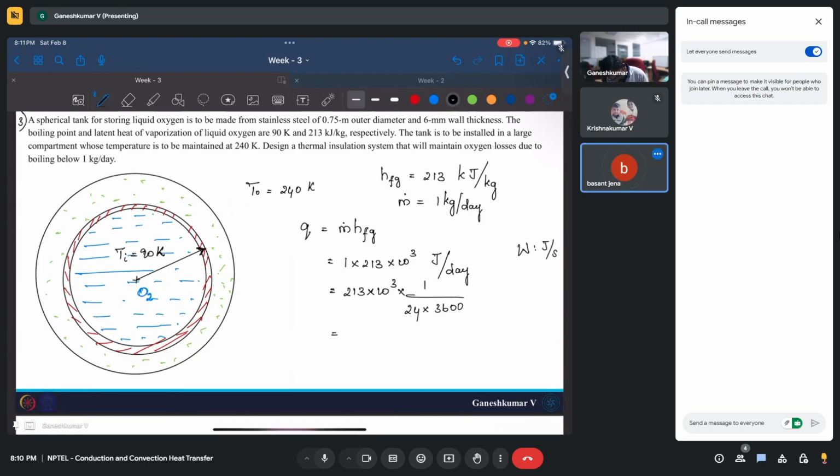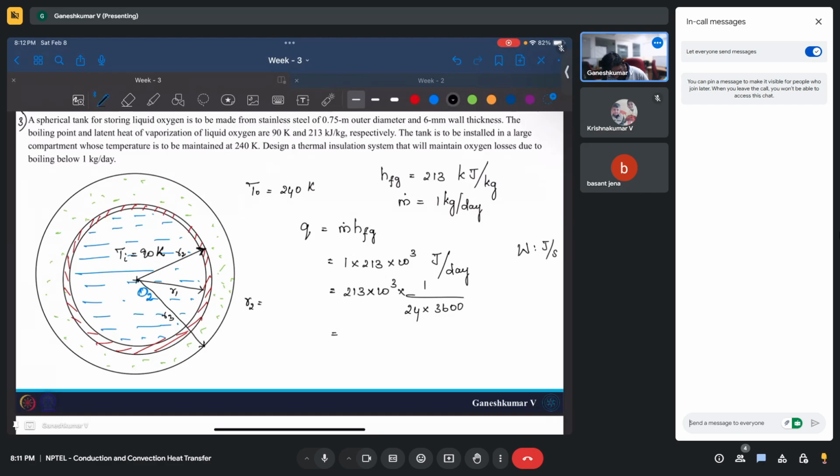So this is given. This is, let's say, R1. Steel thickness we have R2, and then you have R3. R2 is given, right?